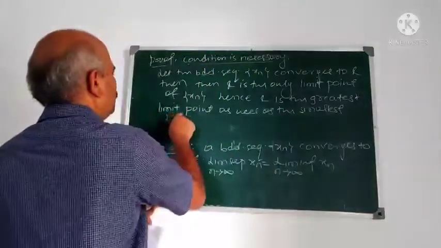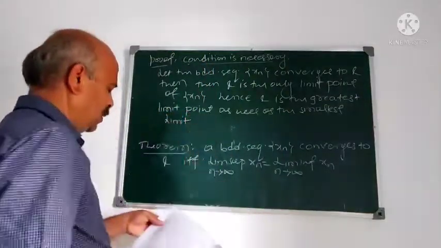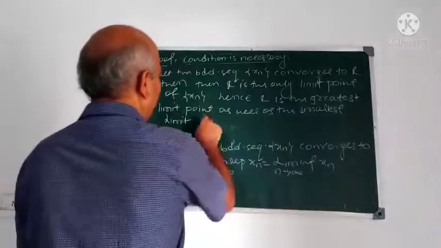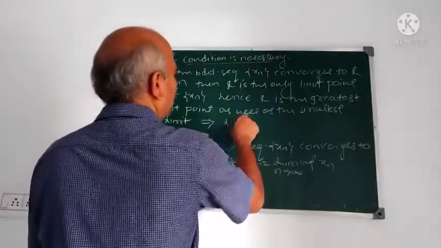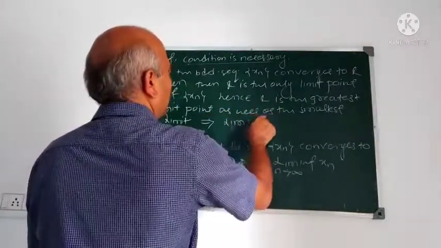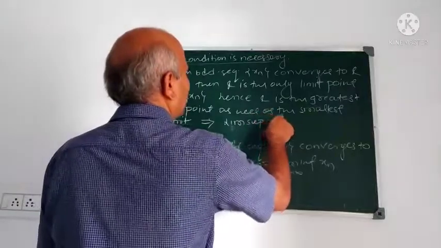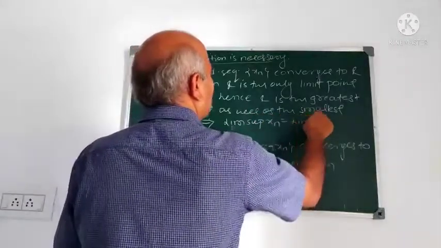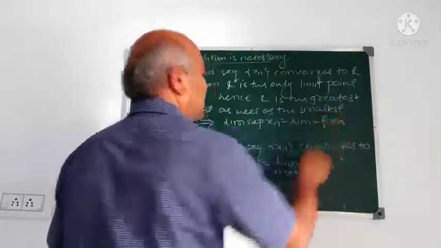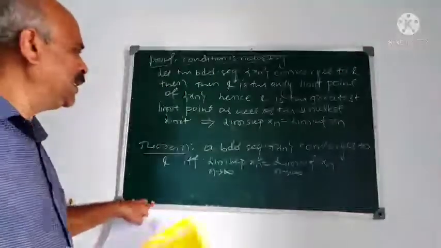This implies that greatest limit point means limit superior, so limit superior xn is limit inferior xn. This is the condition necessary.